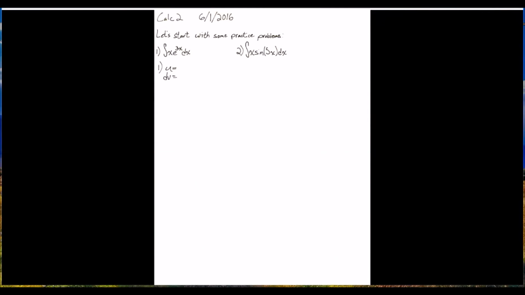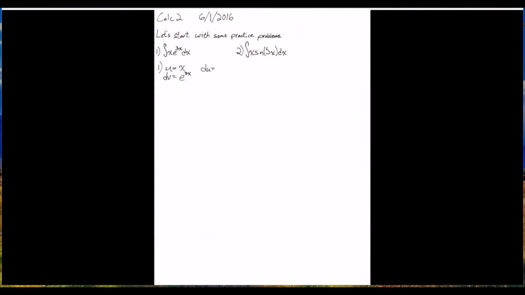So we want something that's not going to get increasingly difficult, but probably is just okay, right? So when we're looking at number 1, we've got this x as a polynomial, which is going to go down in powers. So we're probably going to pick that as our u. We're going to write u as x, and then we're going to see what we have left over is e to the 3x, right? Okay.